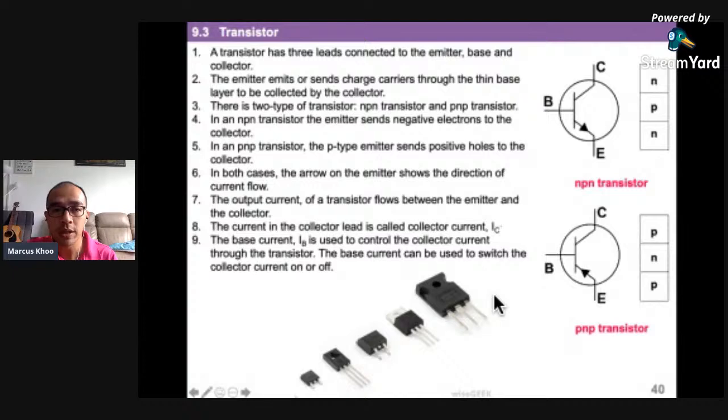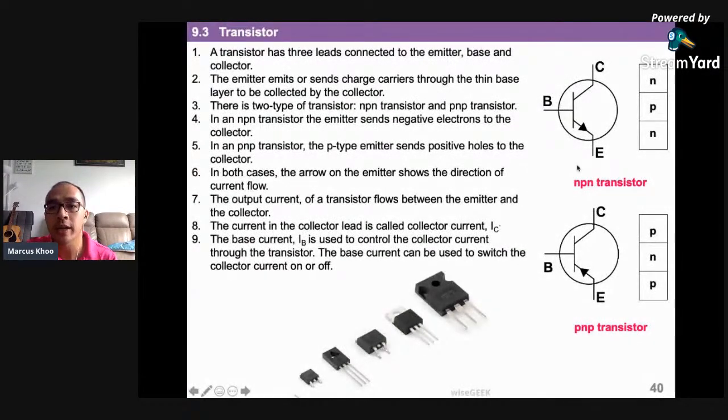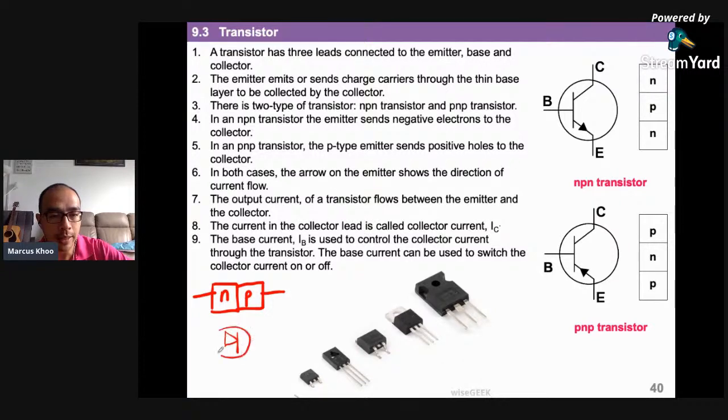But the difference between the transistor and the diode is, for the diode, it's just one N-type semiconductor and one P-type semiconductor. And the symbol for diode is one triangle, one bar, and then like this.